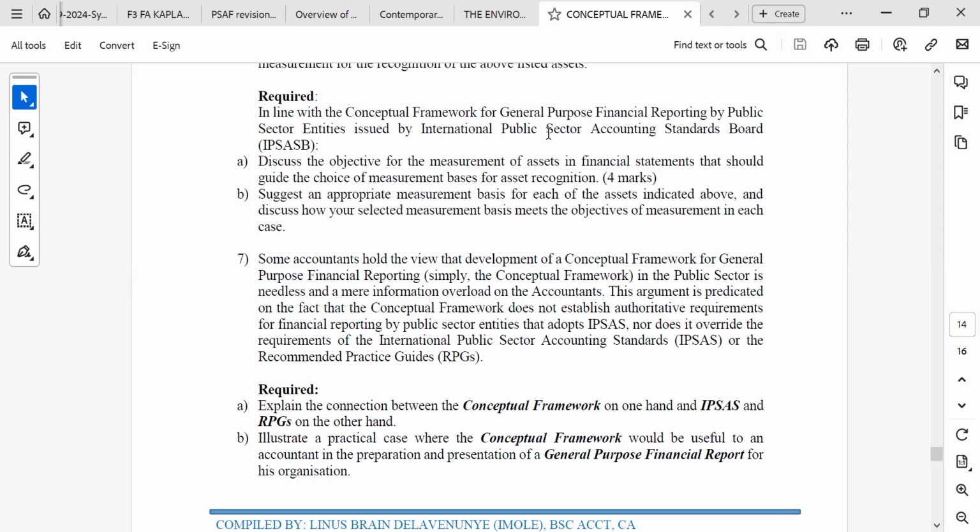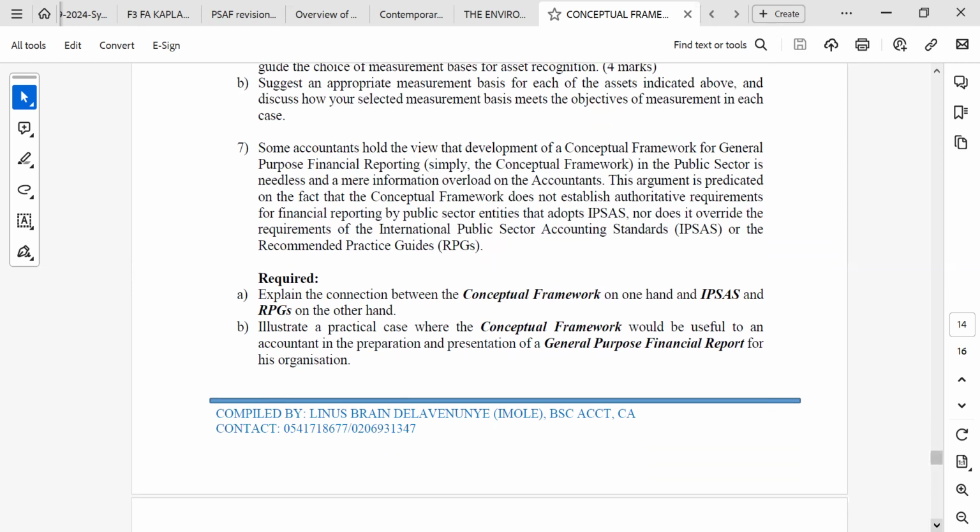A. Required. Explain the connection between the conceptual framework on one hand and IPSAS and recommended practice guides on the other hand. B. Illustrate a practical case where the conceptual framework would be useful to an accountant in the preparation and presentation of a general purpose financial report for his organization.